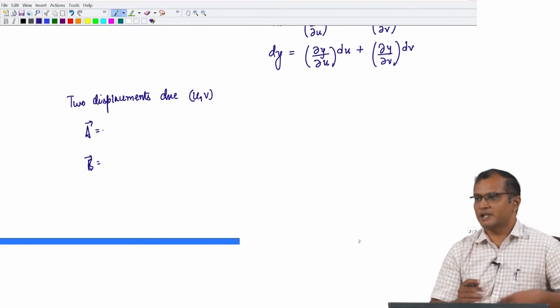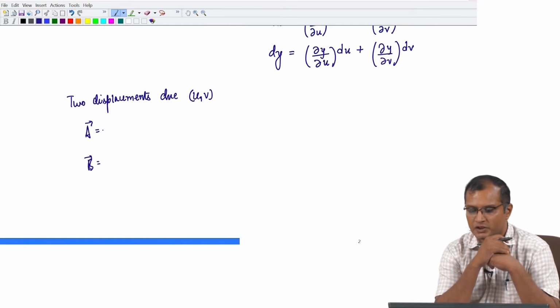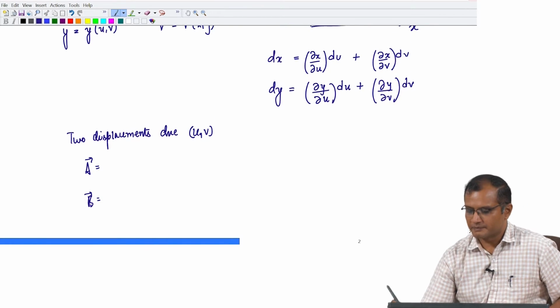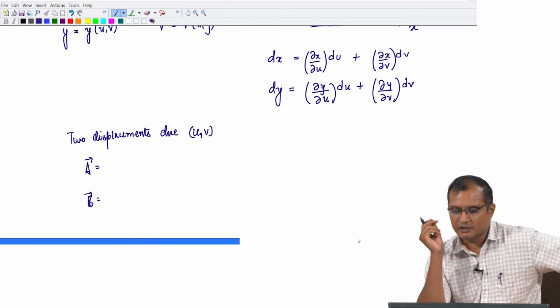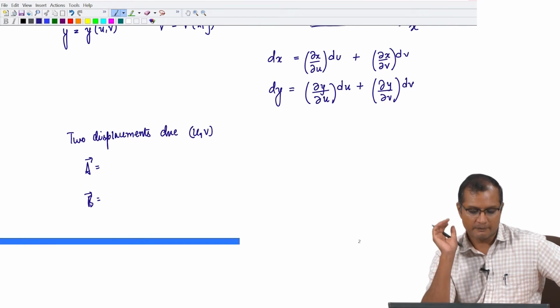The displacements due to x and y were dx and dy. So, you can already see the form of this vector A and B. If you look at the dx and dy, you can already pick up the form of u and v. Okay.